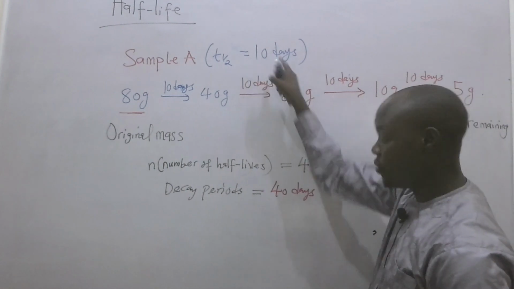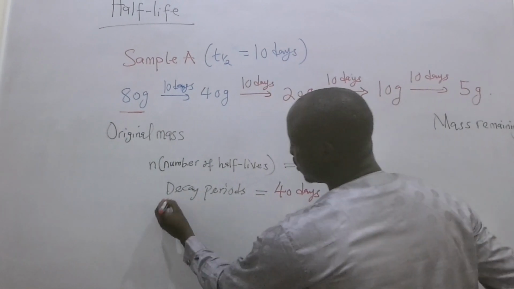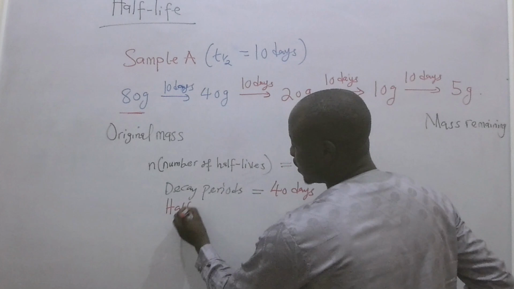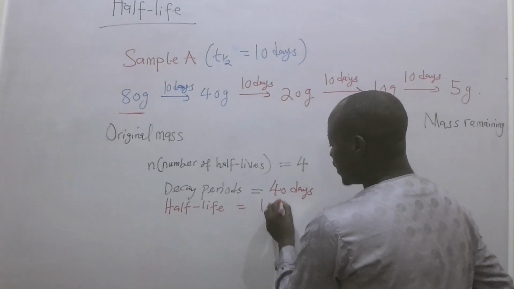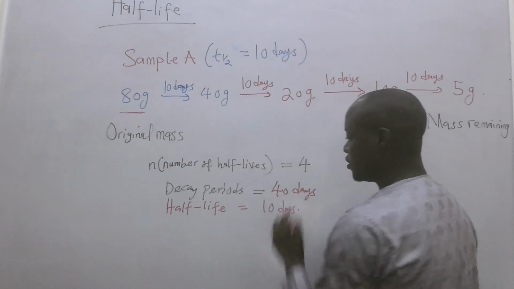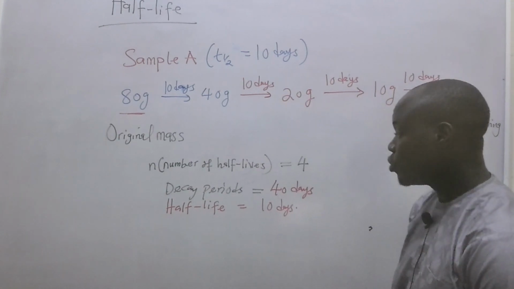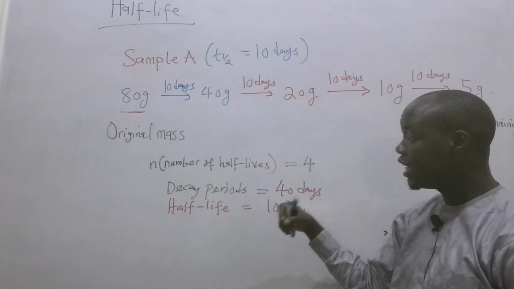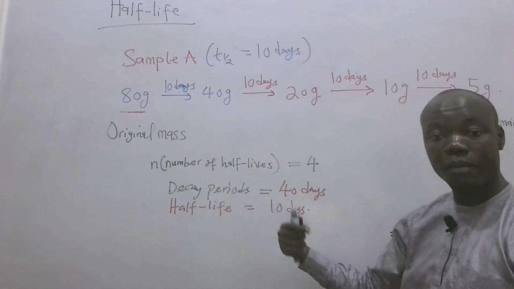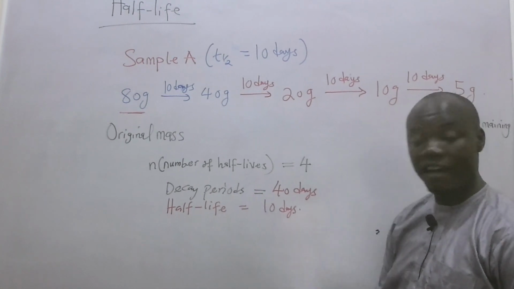And of course, we have the half-life here, which is equal to 10 days. So you can now calculate the number of half-lives by taking a ratio of decay period to half-life.